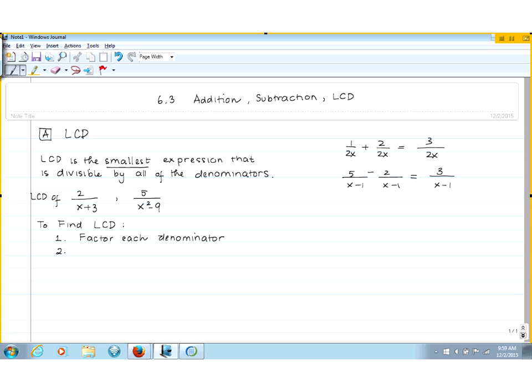Okay, so that's what we're going to do. We will factor out each denominator and find the LCD. The LCD is the product of all the distinct factors of the highest exponent.